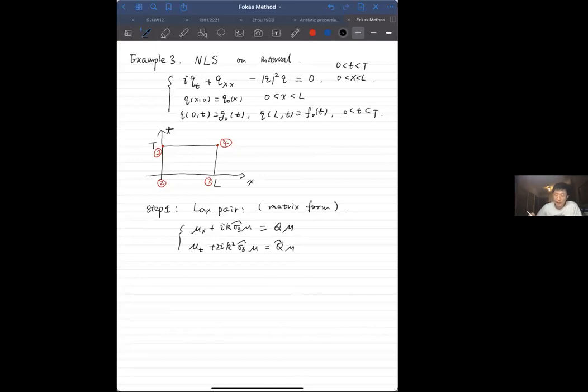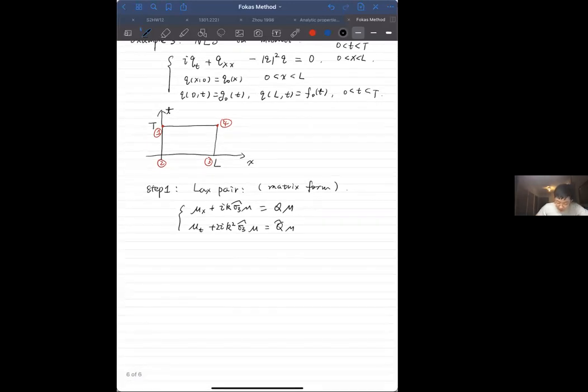The q tilde is a linear polynomial in k. Again, you need to find the exact one-form. From the Lax pair, you can easily find it: W(x,t,k) is e to the i theta times (q mu dx plus q tilde mu dt).